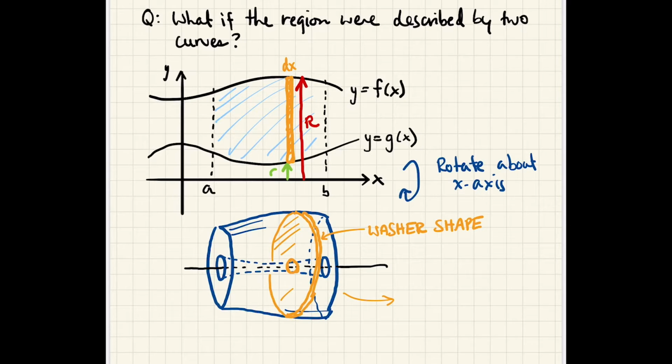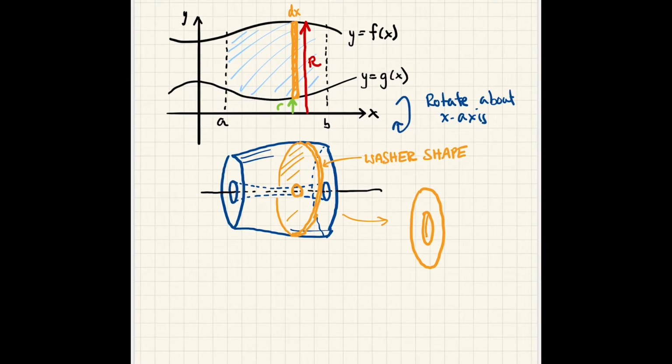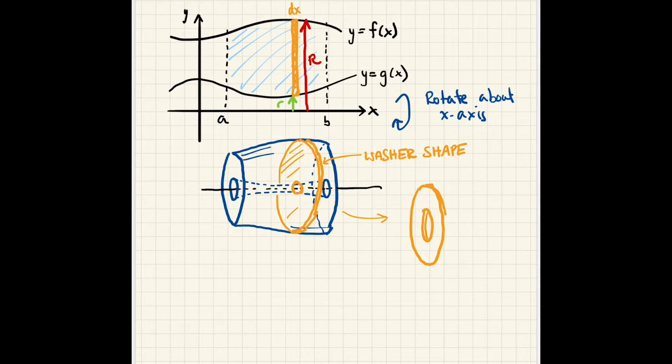Let's take a closer look at this washer. I'm going to expand the inner disk of the washer just so we can see the pieces a little bit more clearly. So this has a thickness of dx, a very narrow, infinitely thin washer. There's an outer radius of capital R, an inner radius of little r.